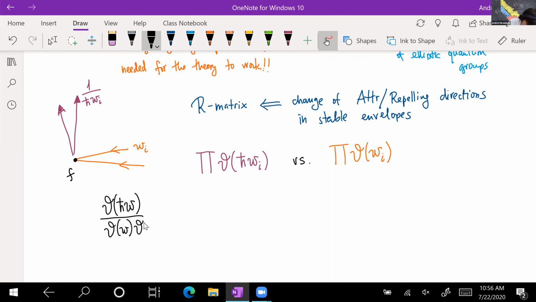And for beauty, it's better to put H bar here. So what is that? This is a section, in fact, of the Poincare bundle.